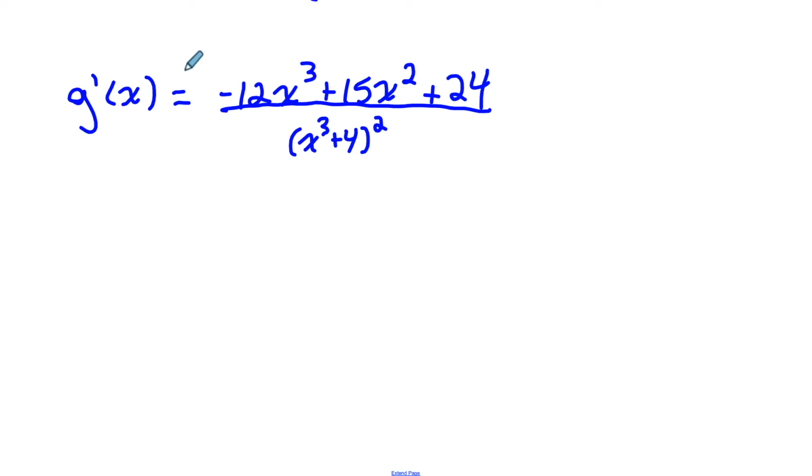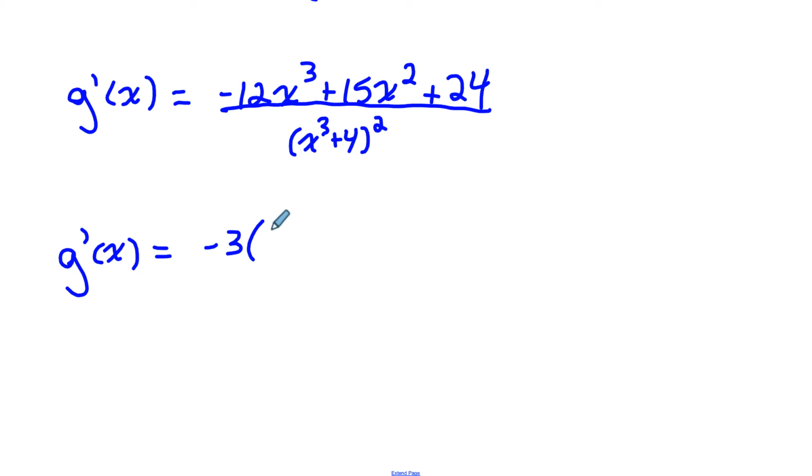Okay, the numerator, I think all I could do with the numerator, I could common factor out a 3. I mean, I don't think that's going to help us simplify anything. So I would accept this as a final answer. But if you wanted to, you're more than welcome to common factor out a 3, or a negative 3 even. When the first term, the leading coefficient, is negative, I like to common factor out a negative. So I would take out a negative 3.